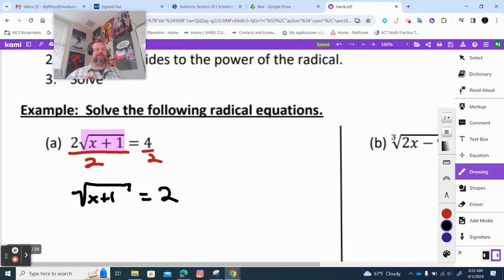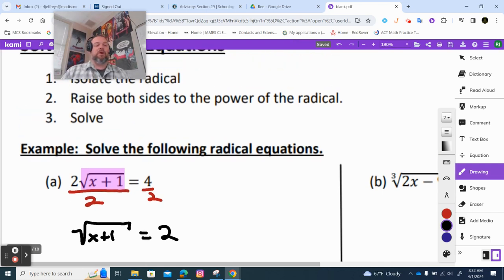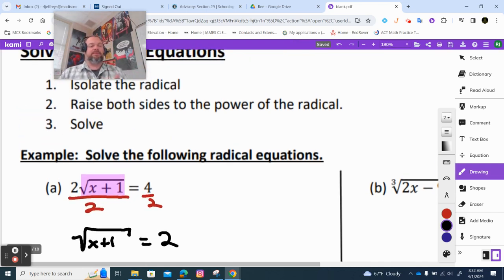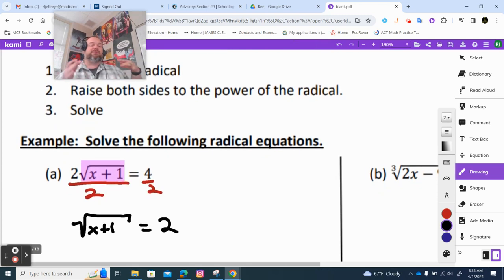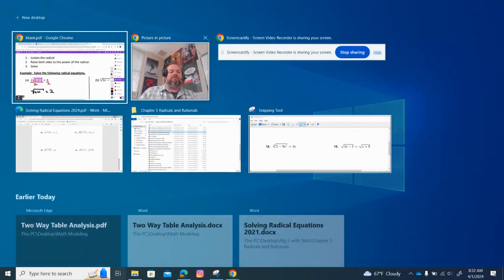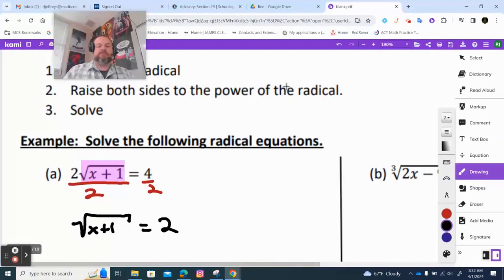Now, so we did part 1. We isolated the radical. Now we need to raise both sides to the power of the radical. This does not have a number in the gutter.